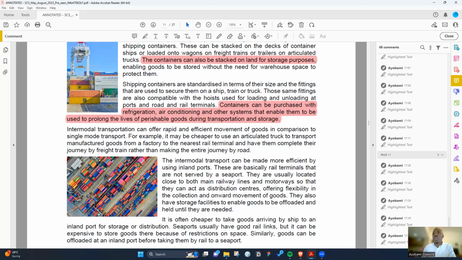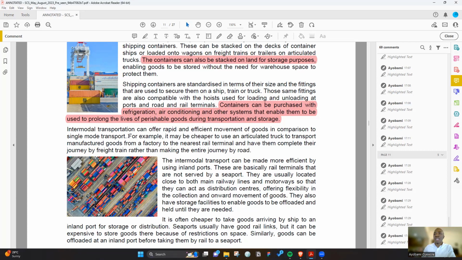Intermodal transportation can offer rapid and efficient movement of goods in comparison to a single mode of transport. So it may also be cheaper to use an articulated truck to transport manufactured goods from a factory to the nearest rail terminal and have them complete their journey by freight, rather than making the entire journey by road.